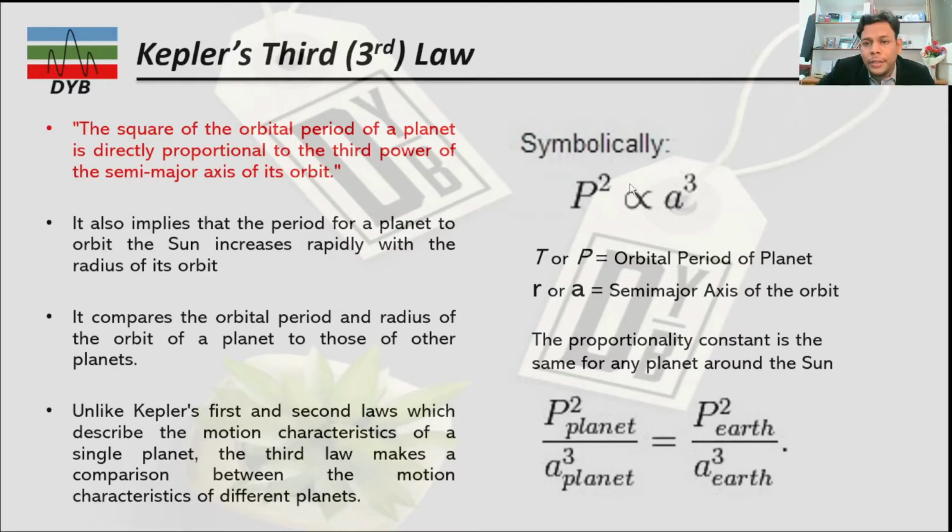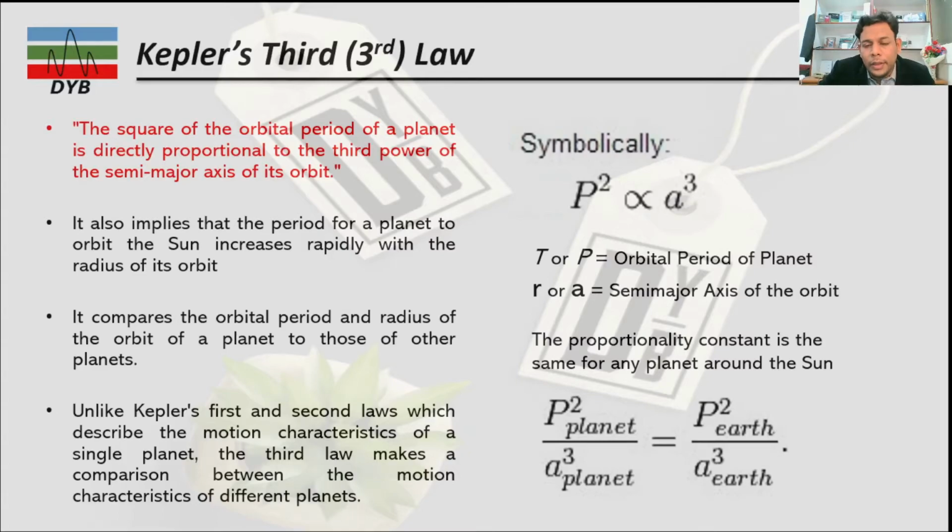So in this case, P squared is the orbital period of the planet, and this is the semi-major axis. It also implies that the period of a planet to orbit the Sun increases rapidly with the radius of its orbit.